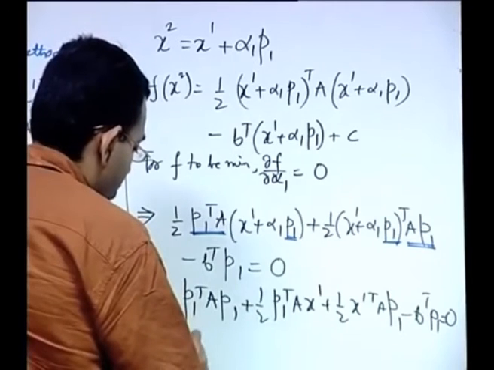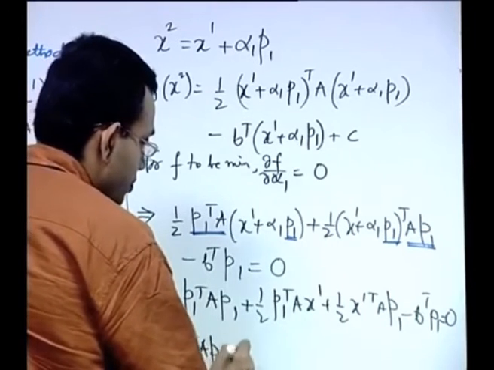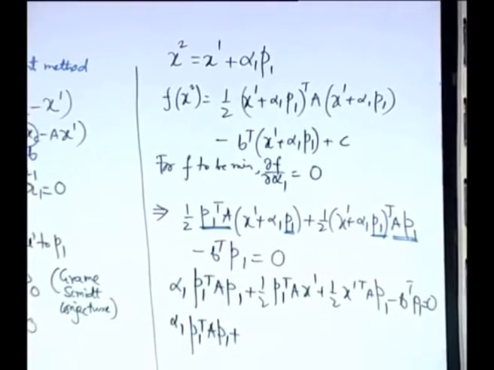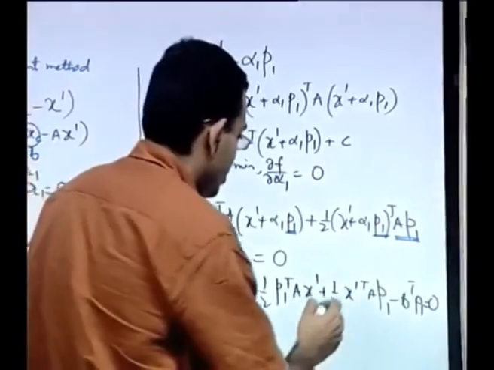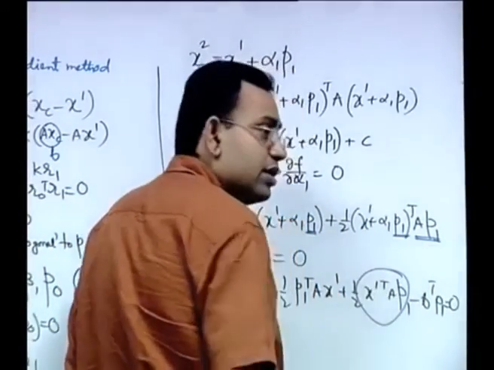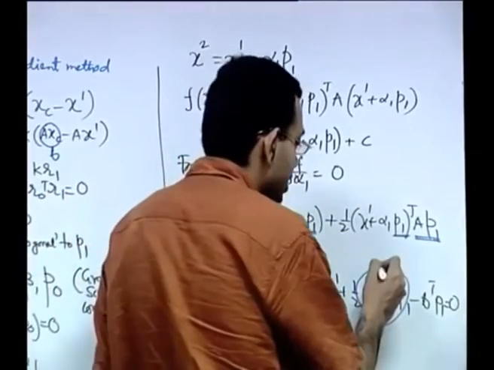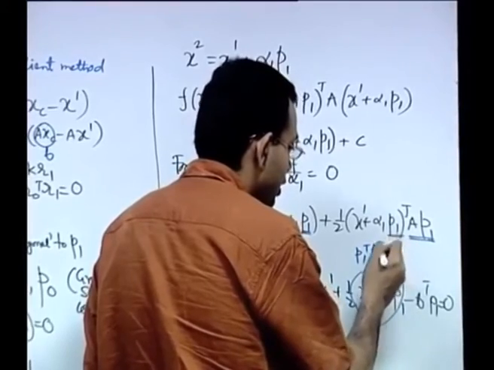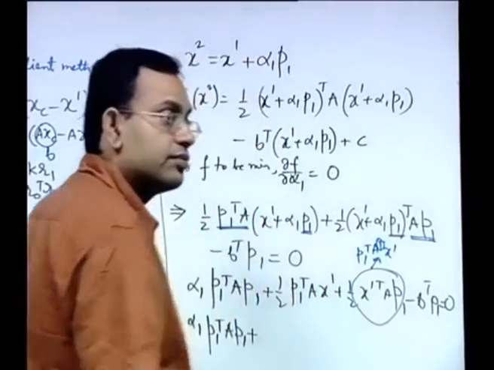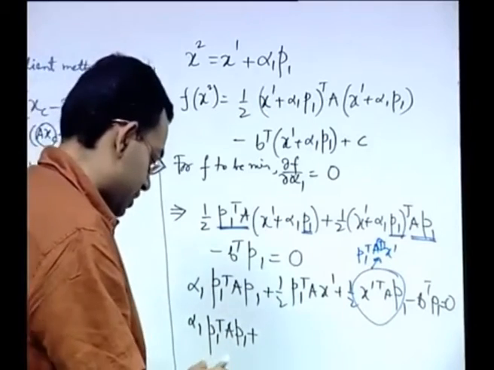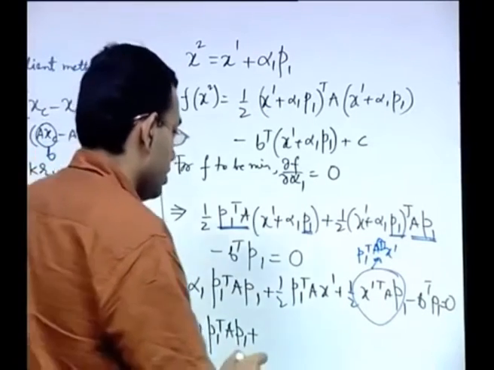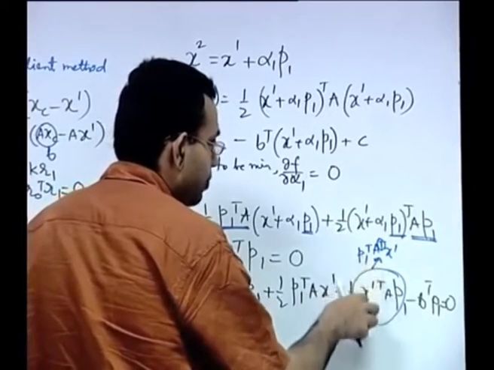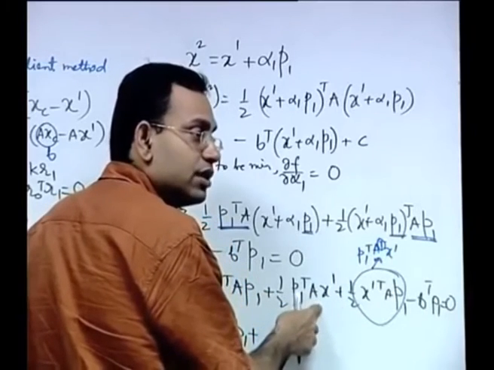So, alpha 1 P1 transpose A P1 plus, now you can reorganize this term as we did earlier. You can take a transpose of this. If you take a transpose of this, it will become P1 transpose A transpose X1, and A transpose is the same as A. So this will become half P1 transpose AX1, and this is another half P1 transpose AX1.